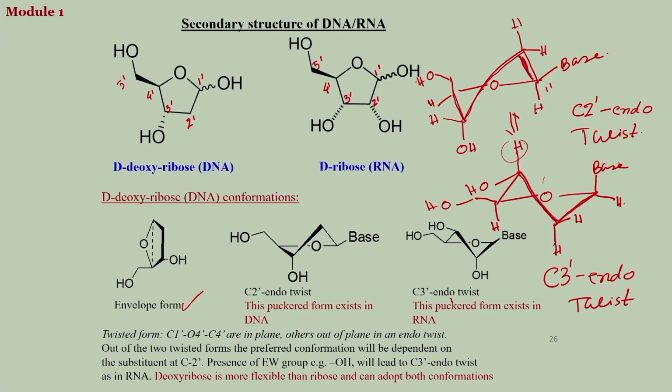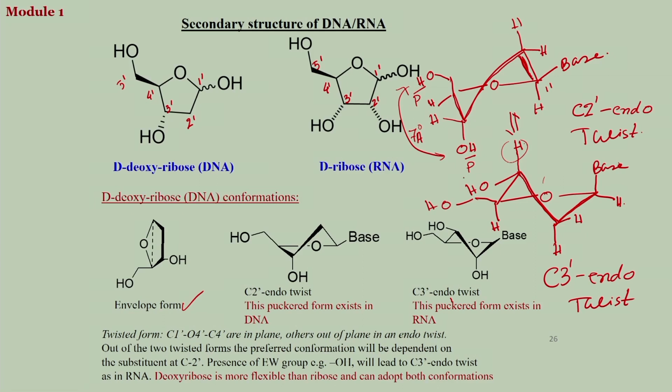Another thing is that if you look at the phosphate, here will be a phosphate, here will be a phosphate, and then the distance between the two phosphate groups in this case is around 7 angstrom. That is, if you have a phosphate P instead of H, then this distance is 7 angstrom.